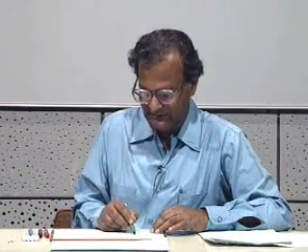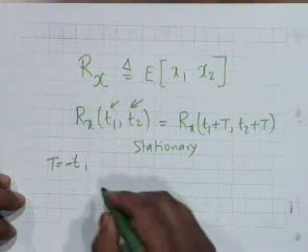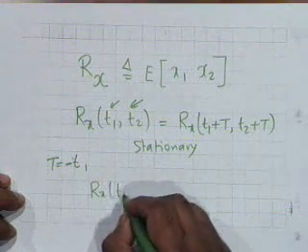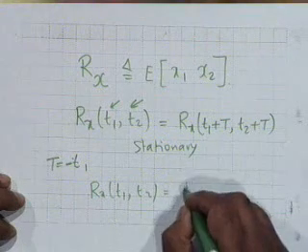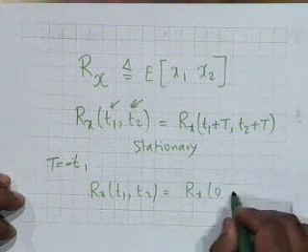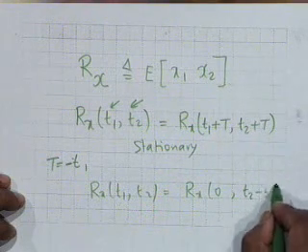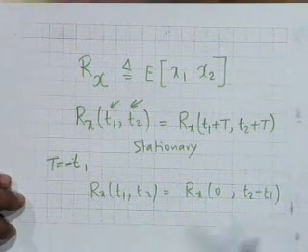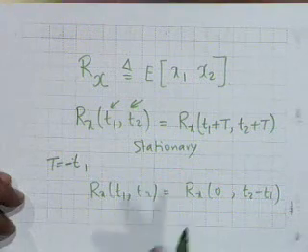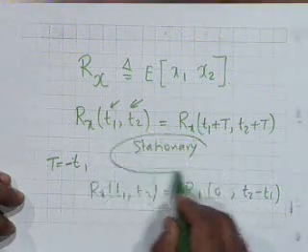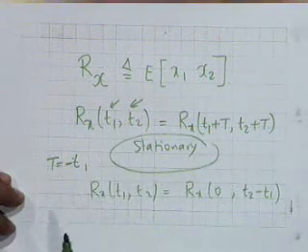Now, if you put T1 (capital T), let's say, equal to minus T1, then obviously Rx of T1, T2 should be equal to Rx of 0 and T2 minus T1, which reveals the fact that the autocorrelation function for a stationary process should be a function of the time interval only.